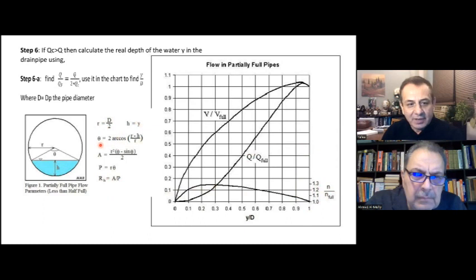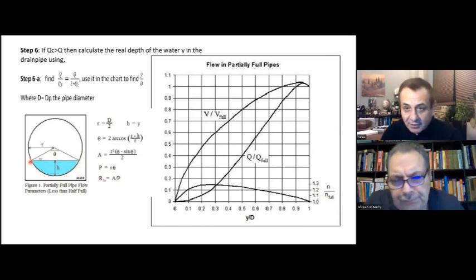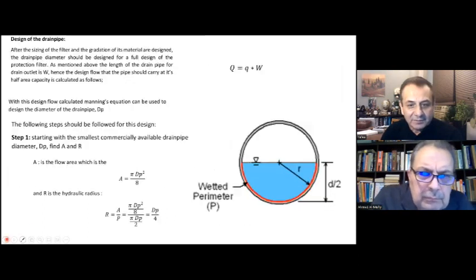So now, after I find Y or H, I can find all of those. I can find theta. Why find theta? We're going to see. And then I can find A. Now, this A is not the previous A. This is the A of the partial flow. And P, all before what we calculated here.